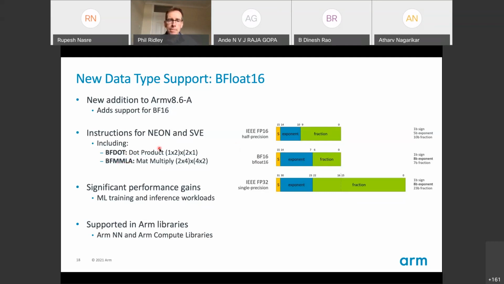So again, less work for the software, compiler and tools applications because the CPU has the capability. These are instructions that are dedicated to the ML space. And not just these instructions, but these and others are supported very well in the ARM libraries that I mentioned, the neural network and compute libraries, if you want to look at those.